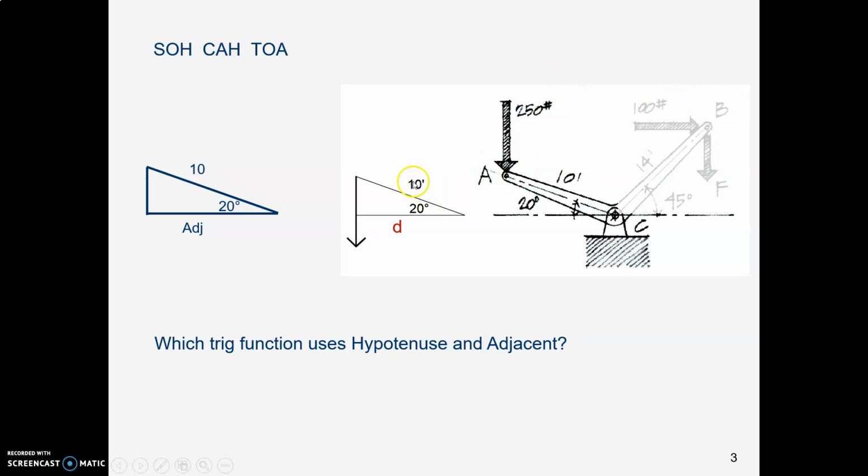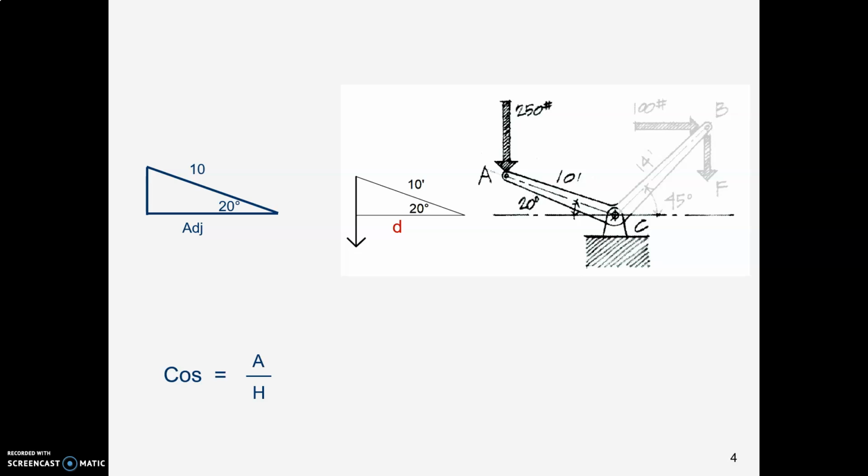And we know that the hypotenuse is 10 feet. We're looking for the adjacent. So which trig function do we want? We want cosine. All right, but we're looking for adjacent, so we're going to rearrange the terms, multiply both sides by h. The adjacent will be h times cosine, or 10 times cosine 20. That will give us that distance from the pivot point perpendicular to the line of action.